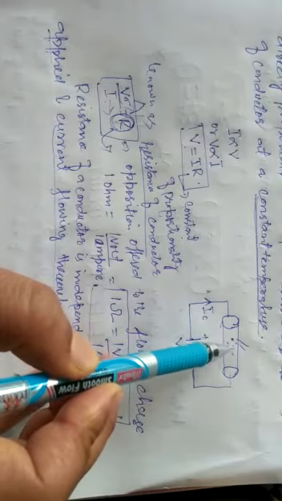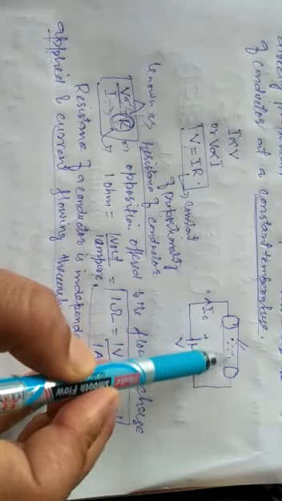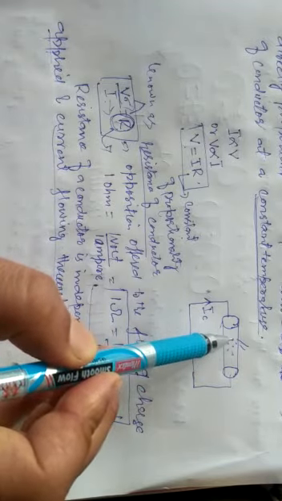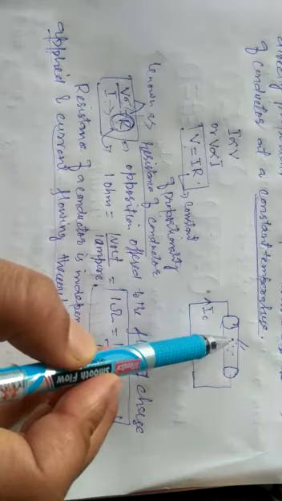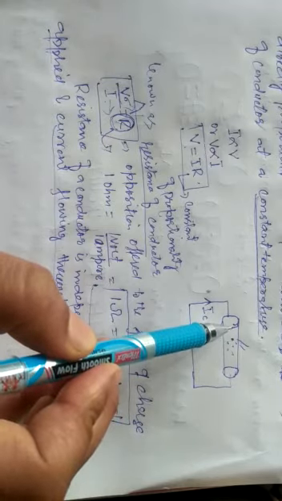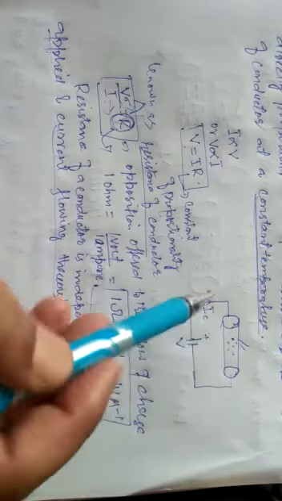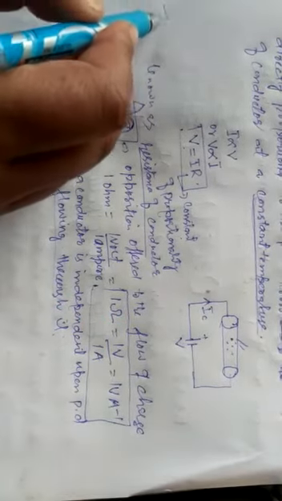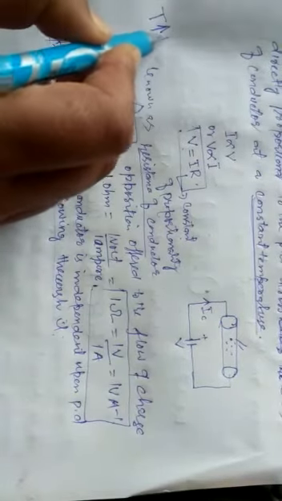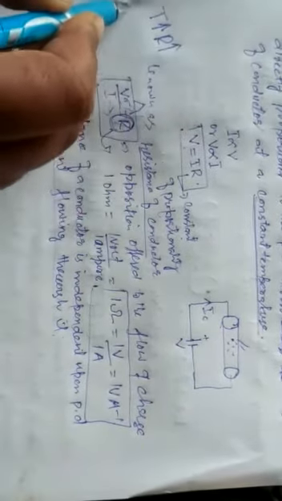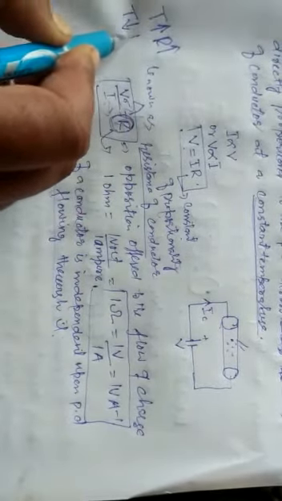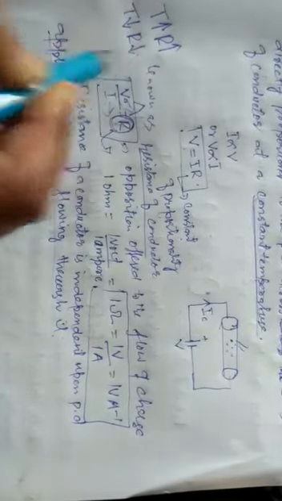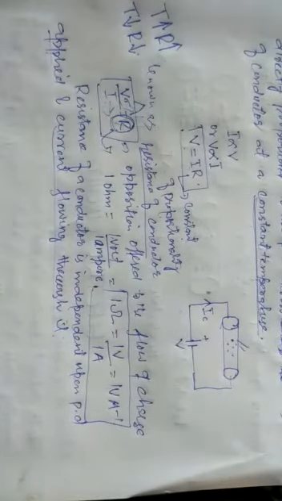Because of that, there will be more and more collisions of the free charge carriers, and as a result there will be a huge opposition offered by this very conductor. That's called resistance. So its resistance is going to increase. If you increase the temperature, R increases. If you decrease the temperature, R decreases. So you have to understand it like that.